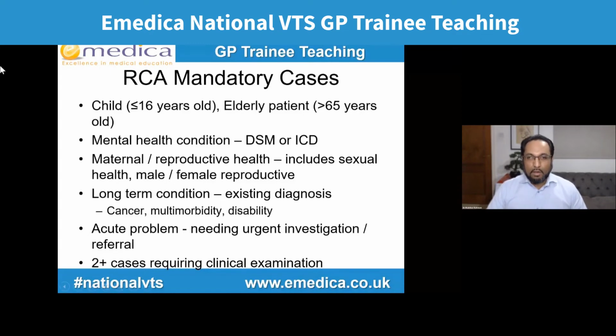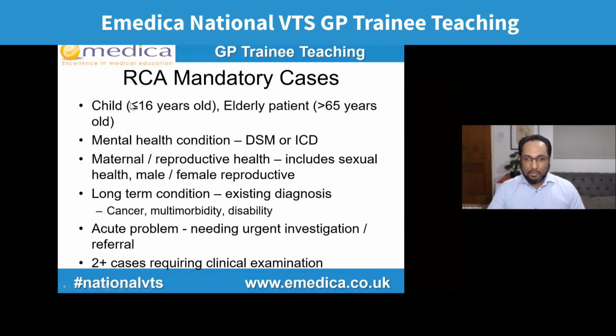Okay. Now, in terms of mandatory cases, one case can hit more than one of these areas. You still need 13 different cases, but you can hit more than one mandatory case with one case. I'll give you an example. You've got a 14-year-old boy comes in with severe unilateral pain in the scrotum, and you think he might have testicular torsion.